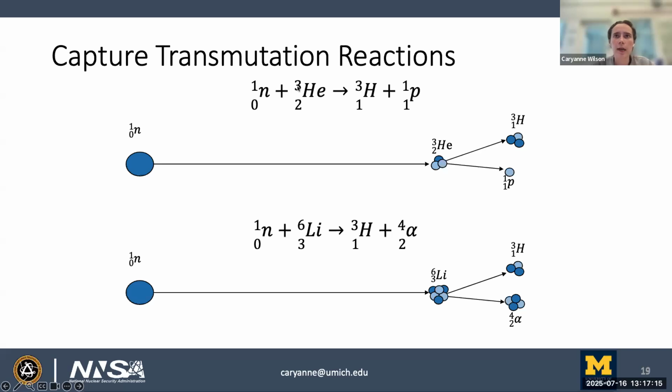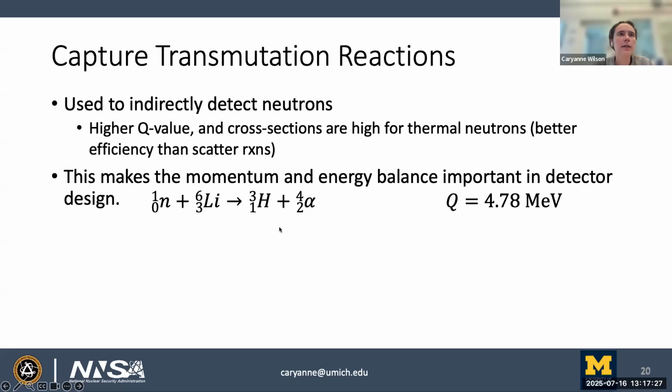So for helium-3, when that captures a neutron, it becomes a triton and a proton. And then lithium-6 is another common one, where it becomes a triton and an alpha particle. So these are used to indirectly detect neutrons because they have a higher Q value. And the cross sections are higher for thermal neutrons. So this kind of detector has better efficiency than scatter reactions.